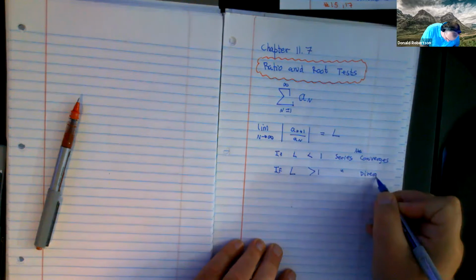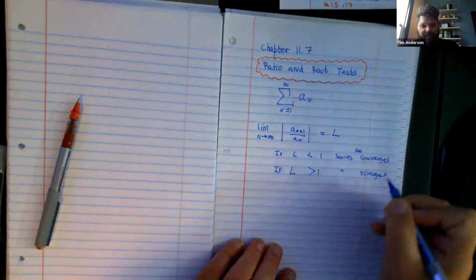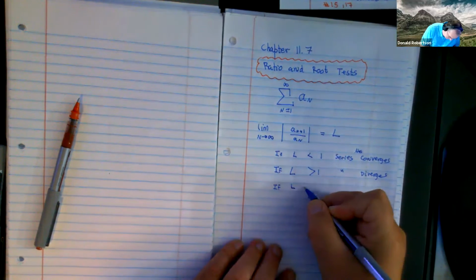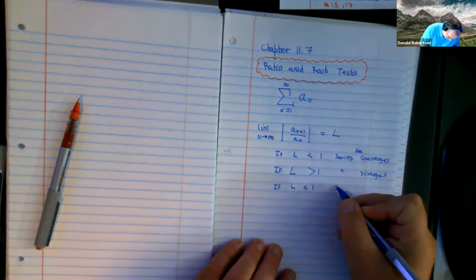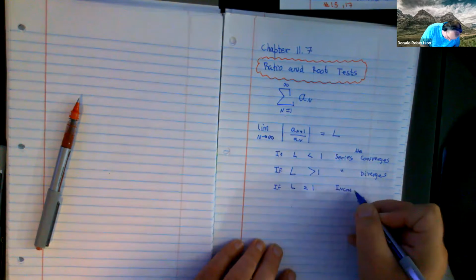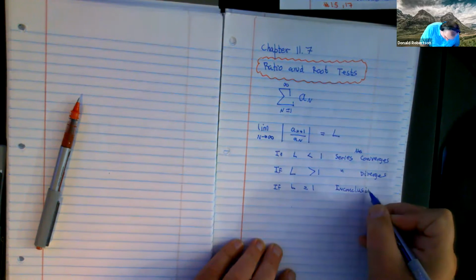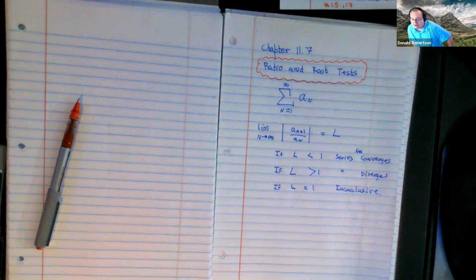That's good news. What if it's equal to 1? Yeah. It's inconclusive. Inconclusive means we do not know if that series converges or not. Find some other test and do that one instead.